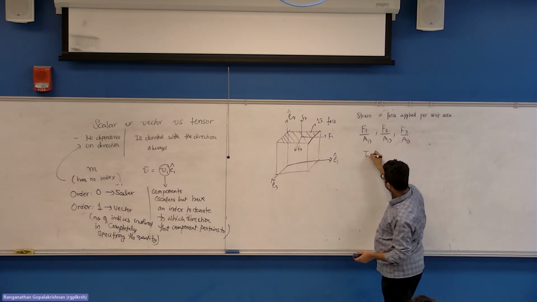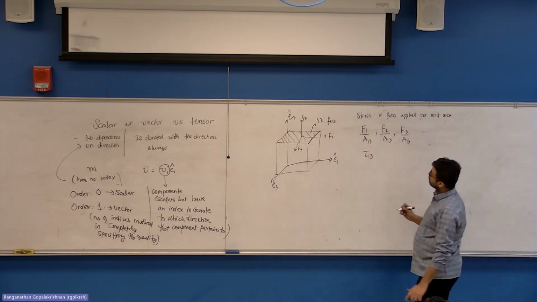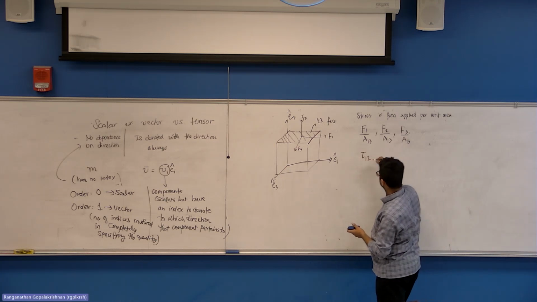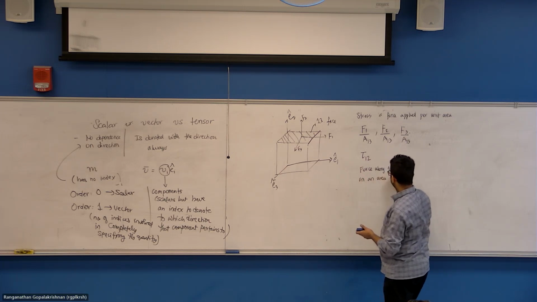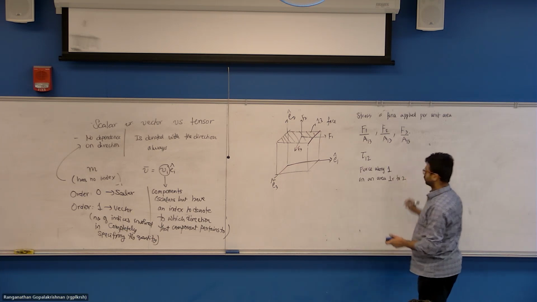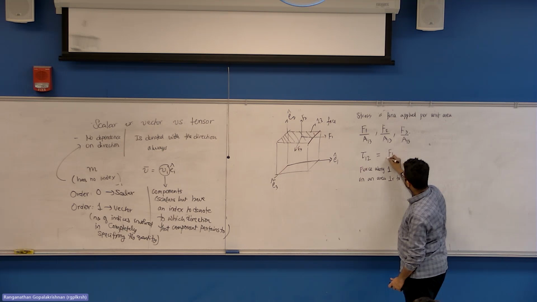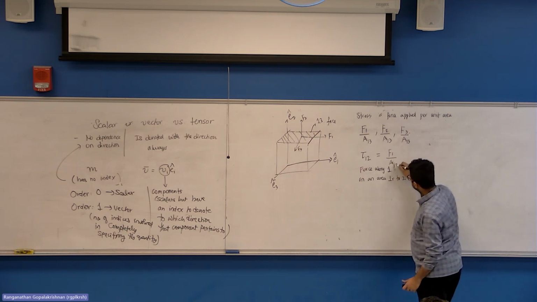We'll call this tau 12 because this is a force along 1 on an area perpendicular to 2. So tau 12 we'll define as F1 divided by A13, knowing that A13 is always perpendicular to 2.